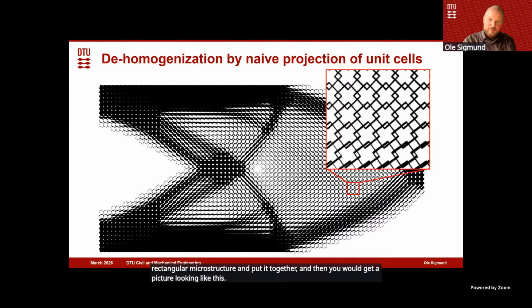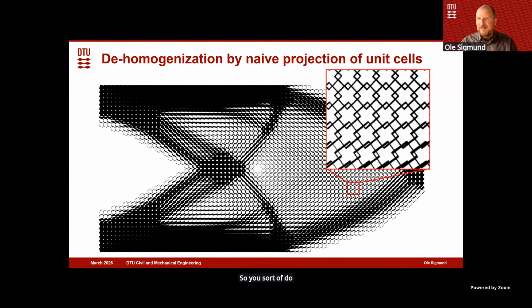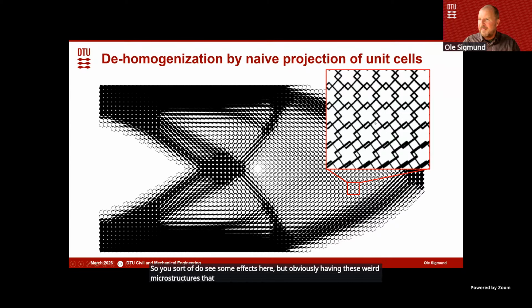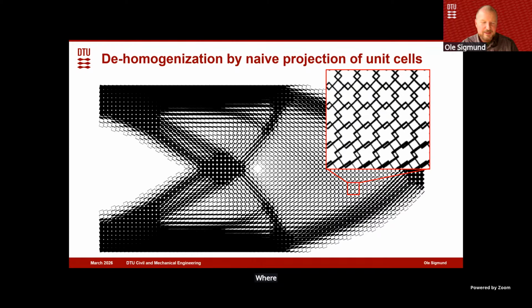You do see some effects here, but obviously having these weird microstructures that meet would create a lot of bending, and it's not the real microstructure, right? So this naive way cannot solve the problem. And so this is where the original homogenization approach was stuck. We don't really know how to realize that.